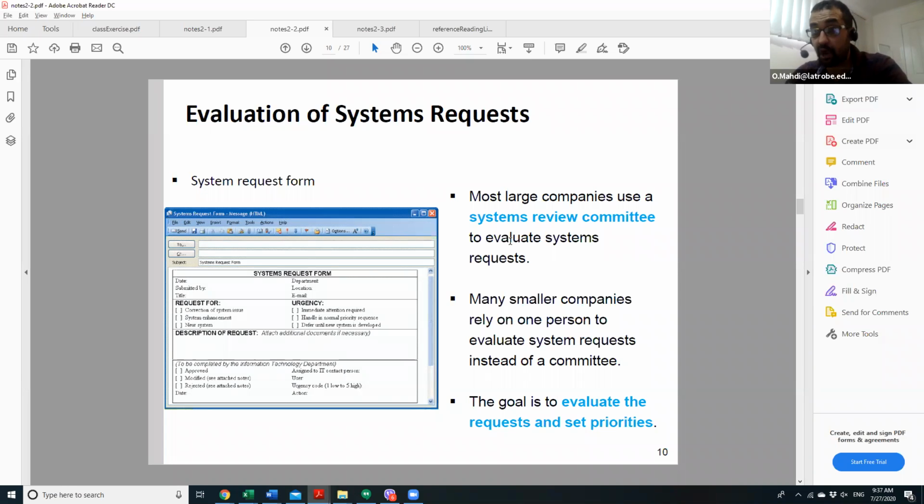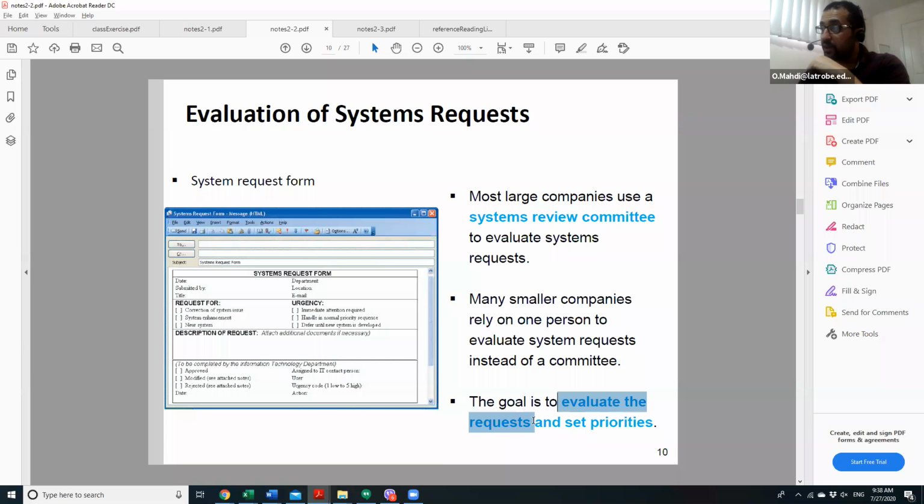The system review committee consists of specialist people who will review your request, based on your analysis and the comprehensive study that you did for the new idea. They will review everything, and based on that, they will make their decision.